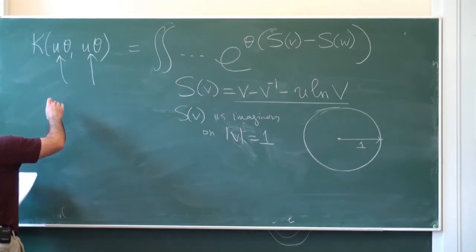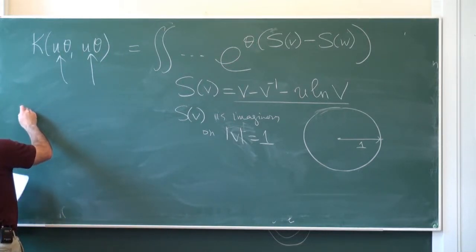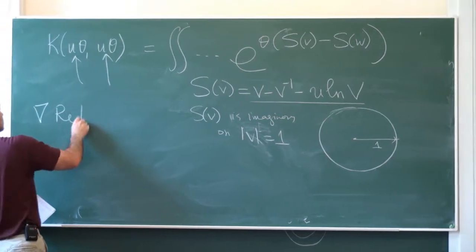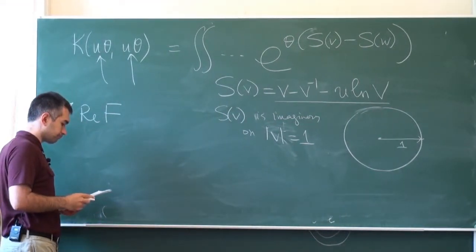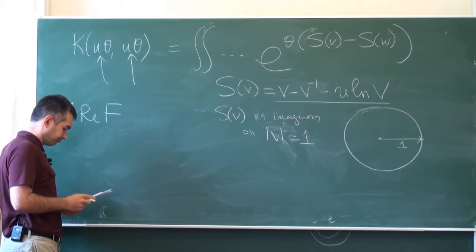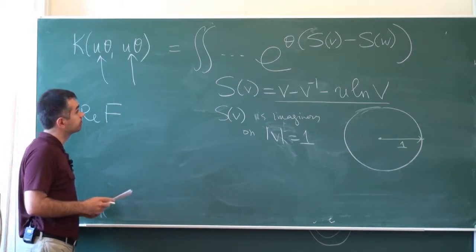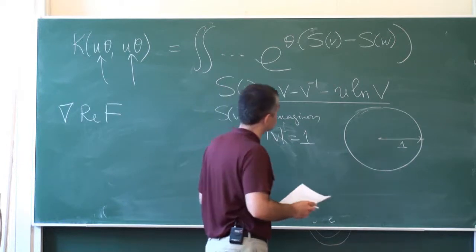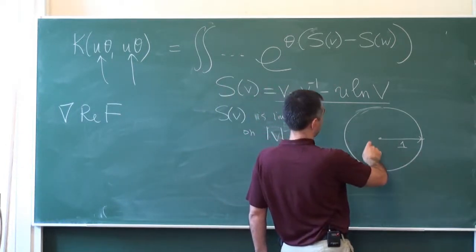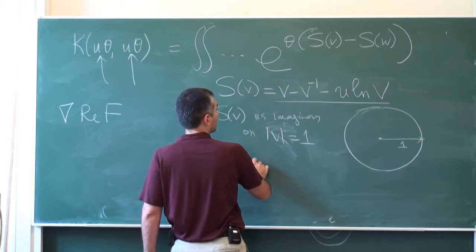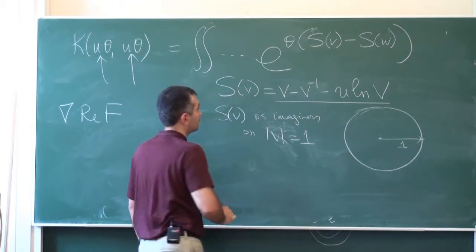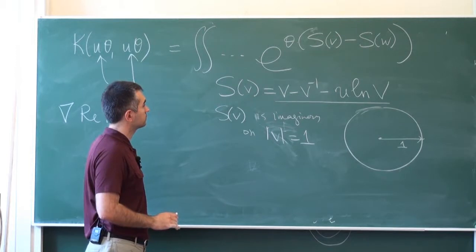Now, I claim the following, that if I look at the gradient of the... so let me do the following. Let me look for the critical point of this function.